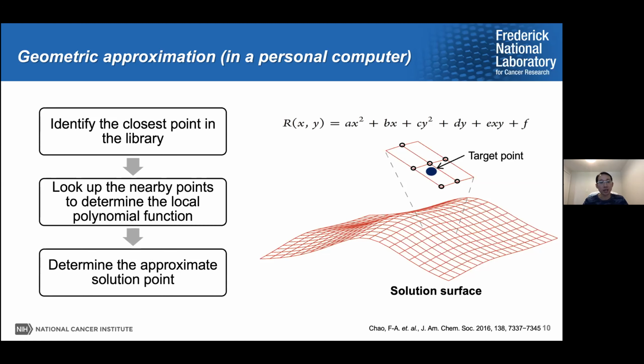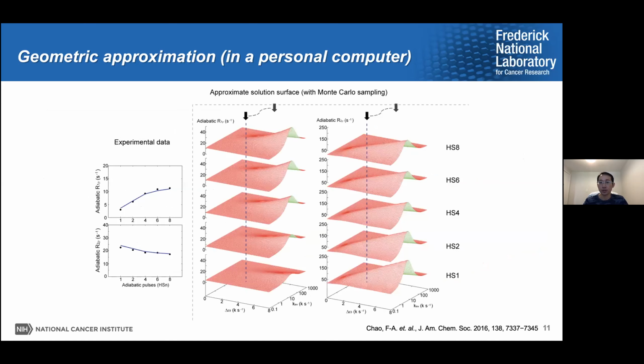And then they allow us to approximate the solution surface using this local polynomial function, okay? So we can determine the value in a very fast and accurate way, which allows us to do massive sampling. Here we use a research with simulated annealing.